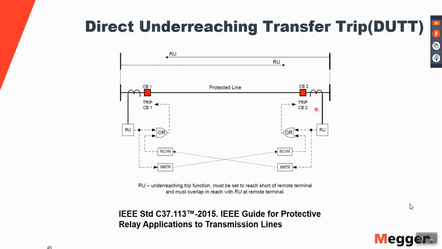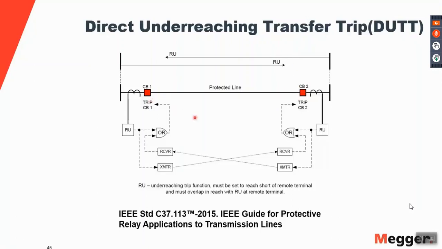Now, zone 2 is usually tripped around 20 cycles or so. So even though this guy tripped immediately, this guy is going to wait 20 cycles to trip. Now, in the case of the scheme, well, here we have this guy tripping immediately and then sending a trip command to this guy here, which is going to trip the breaker immediately. What's going to happen is that we're going to trip a lot faster with the scheme than we did without it.